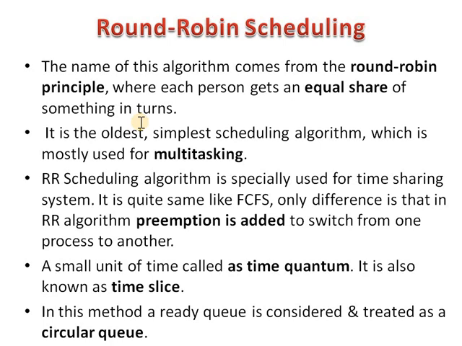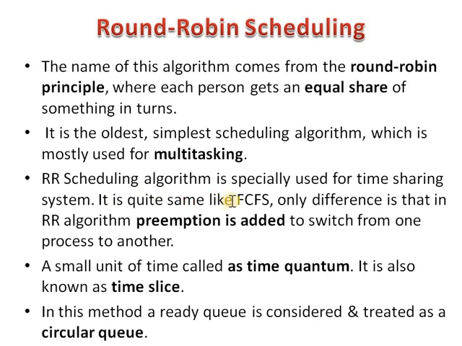circular manner. It is the oldest, simplest scheduling algorithm which is mostly used for multitasking. The round robin algorithm is mostly used in multitasking environments. Round robin scheduling algorithm is specially used for time sharing systems.